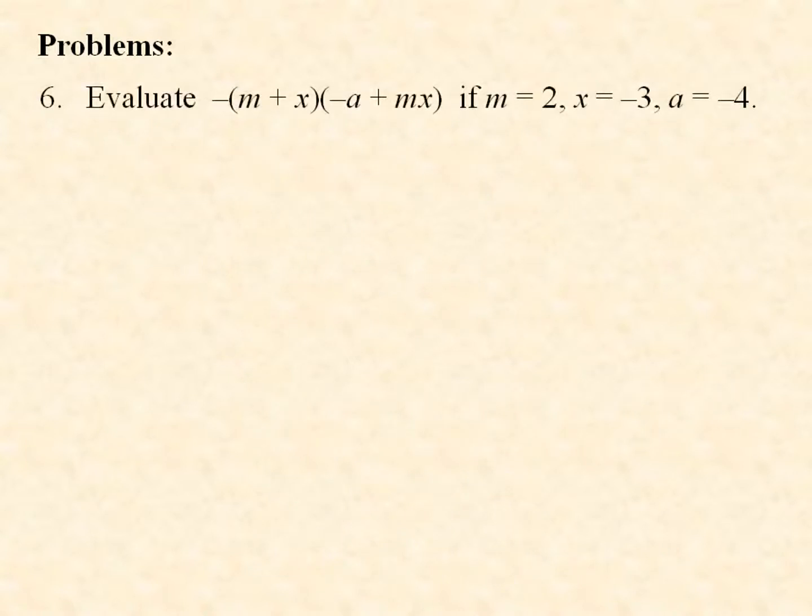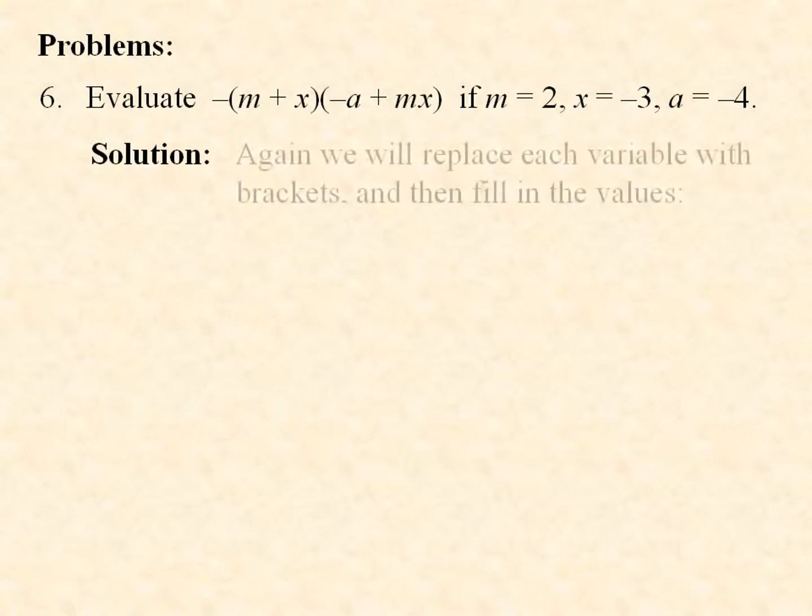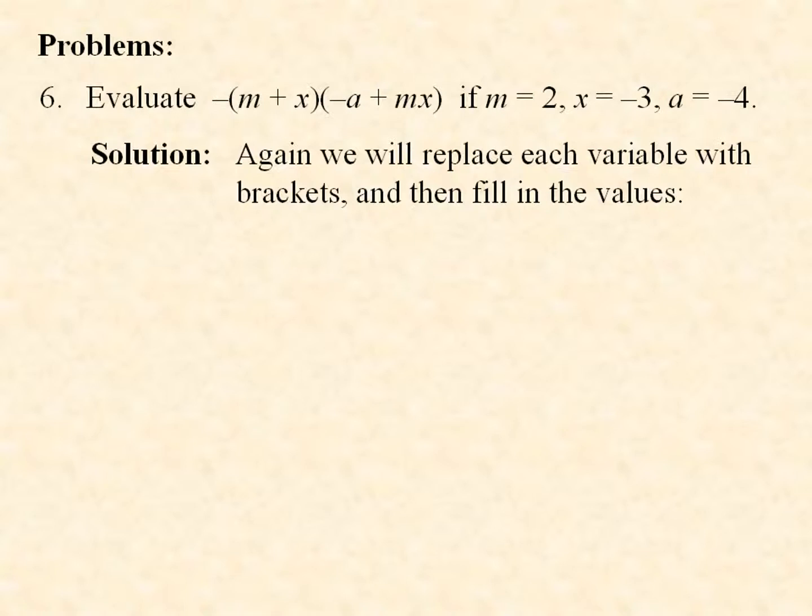Number 6, evaluate opposite of m plus x times parentheses opposite of a plus mx. If m is 2, x is negative 3, and a is negative 4. We've got opposites and negatives. Looks a little confusing. So again, we will replace each variable with brackets and then fill in the values.